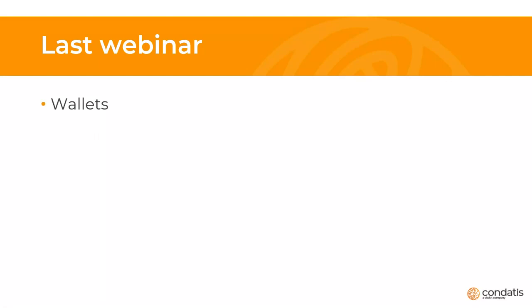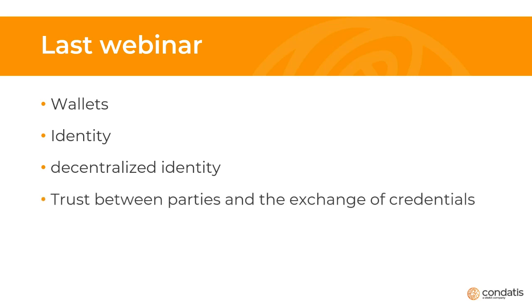We looked at our identity and how we can move away from using centralized identity providers to a much better decentralized way of managing and sharing our identities. We also looked at the trust model that allows this all to happen safely and securely.